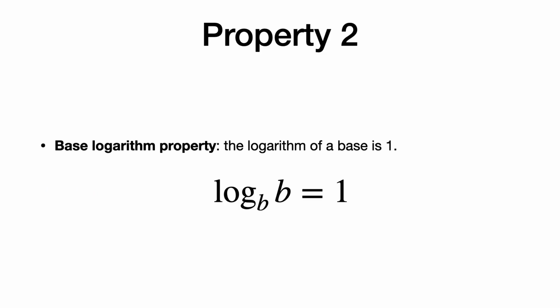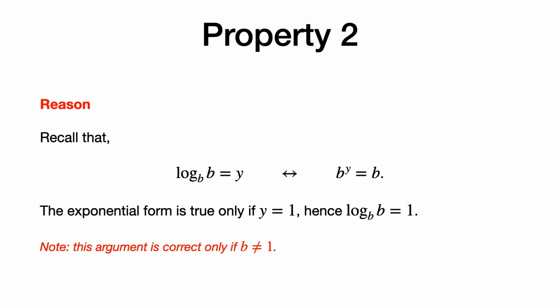The second property of logarithm is named the base logarithm property. It says that the logarithm of a base is 1. The reason behind this is that, remember, when you write the logarithm of b to the base b is equal to y, in exponential form, that is b raised to y is equal to b.